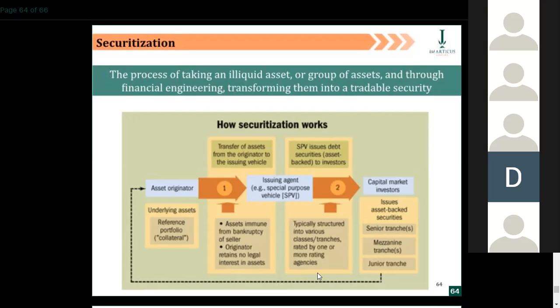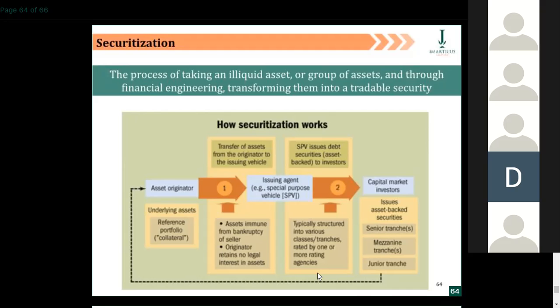Instead of calling them mortgage-backed securities, they would be called asset-backed securities. And it can also include bonds and shares. Those can also be part of an asset-backed security. So that is how these two different securities, one the mortgage-backed security and the other the asset-backed security, are created with the process of financial engineering, wherein your loans, which can be home loans on the back of property or in other forms, are converted into securities and sold to investors.